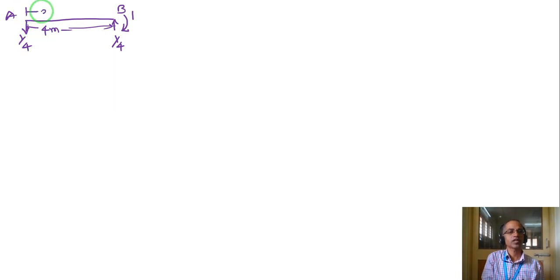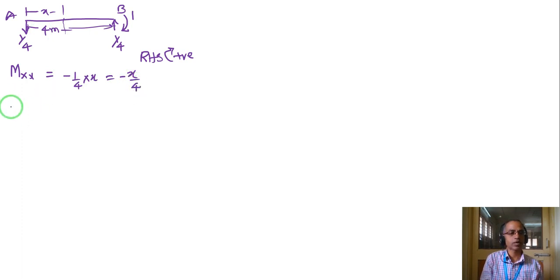I am taking a section X from here. So the moment Mx, I am taking from the A side, moving towards the right hand side, RHS. RHS clockwise positive and anti-clockwise negative. So 1 by 4 gives anti-clockwise moment. So minus 1 by 4 into x, which is minus x by 4.